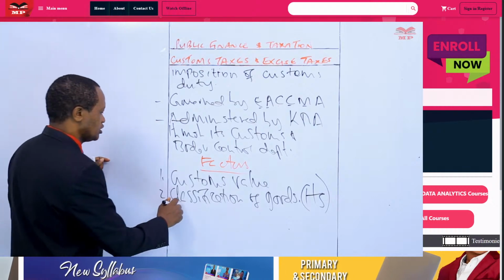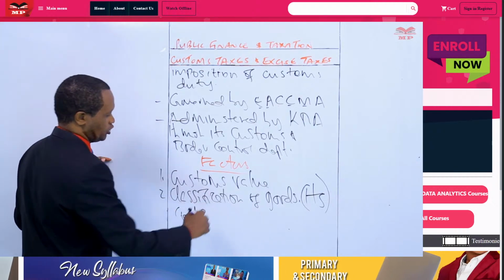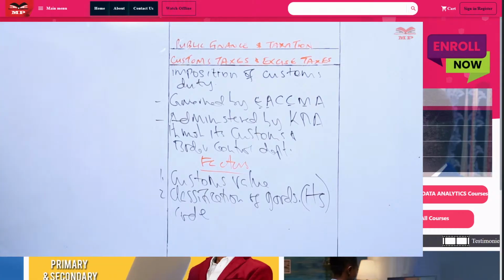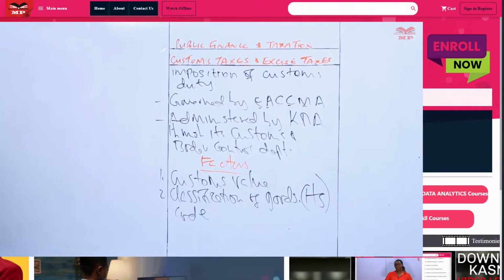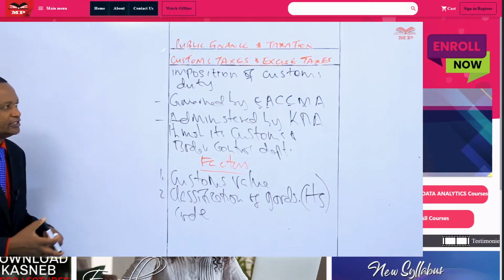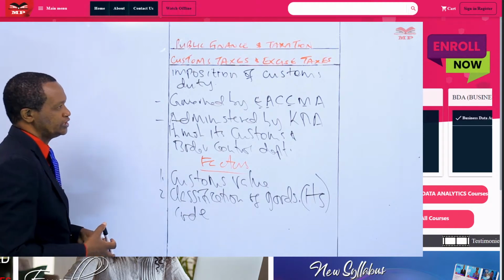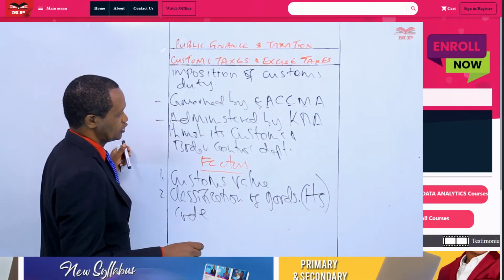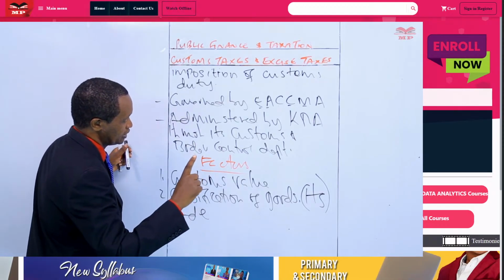It is an internationally standardized system for classifying traded products. Each HS code has a corresponding duty rate assigned under the East African Community Customs Management Act. So the HS code can also determine the amount of customs duty to pay.